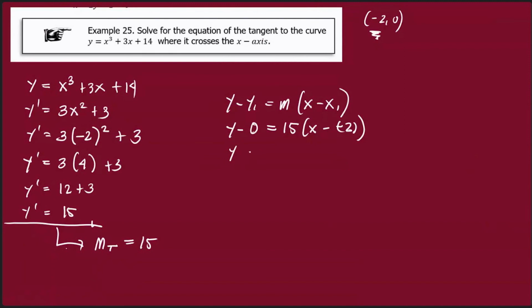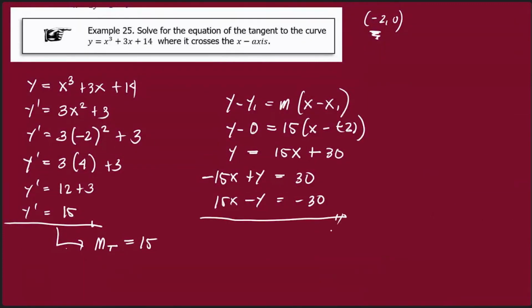So y is equal to 15 times x plus 2, right? So 15 times 2 is 30. So this is negative 15x plus y, equal to 30. So this is 15x minus y equal to negative 30. Okay? Any question?